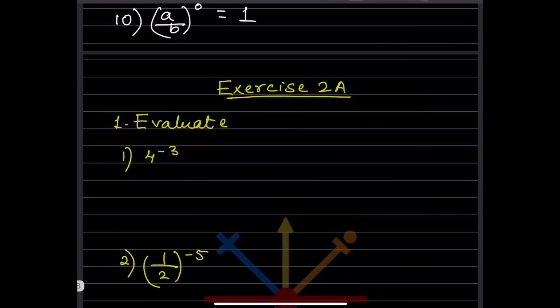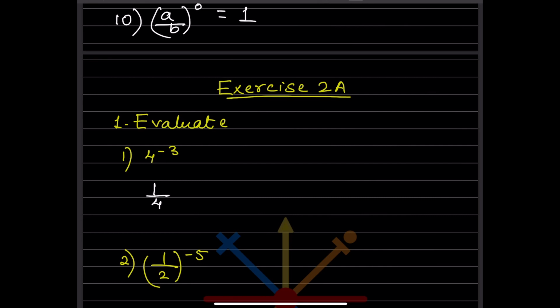So now we are going to solve this one. They have said evaluate 4 raised to minus 3. Whenever there is a negative exponent, we are going to make it positive. So this is going to be 1 by 4 raised to 3. I'll change the color for this one.